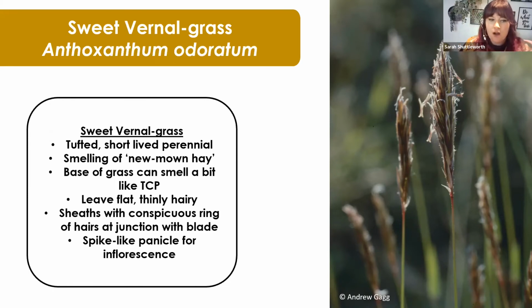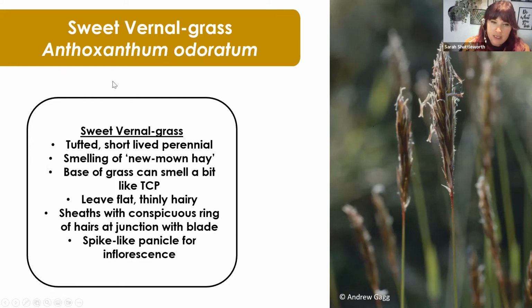Although it's dry acid grass, and we said about these fine leaved grasses, sweet vernal grass has fairly flat leaves, so not that classic inrolled like something like the fescues, and it's generally quite thinly hairy all over.